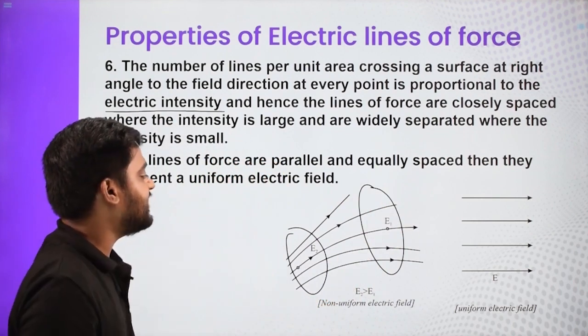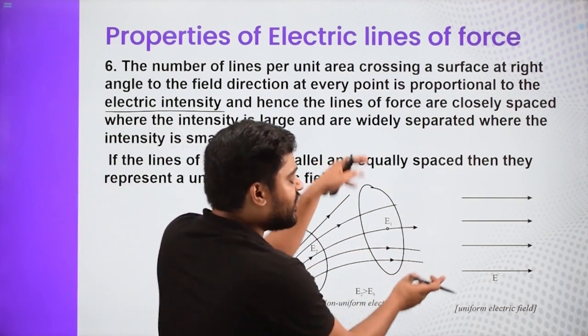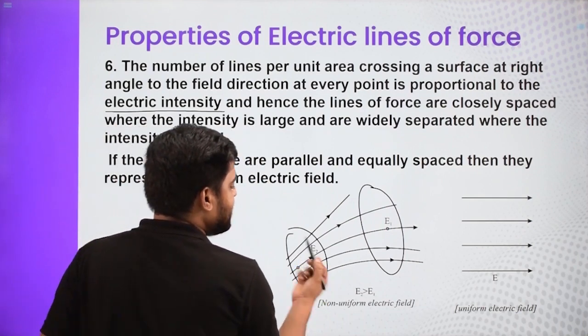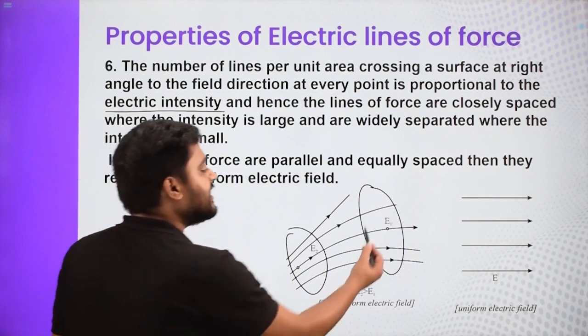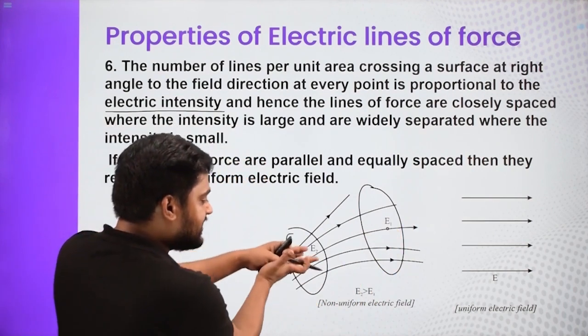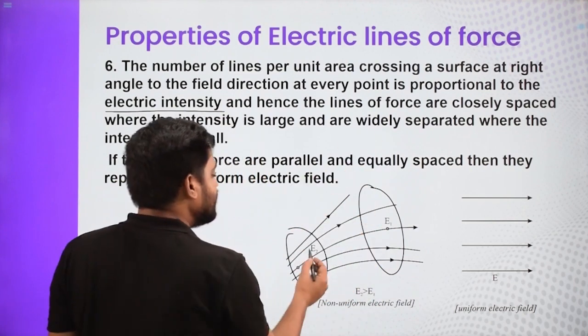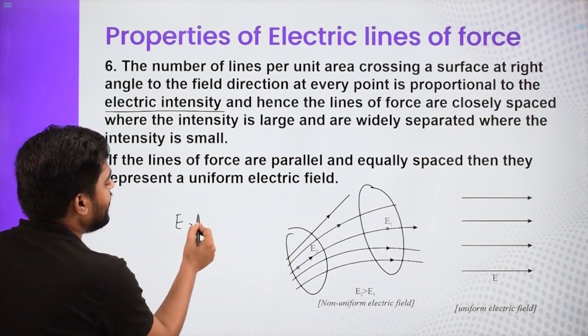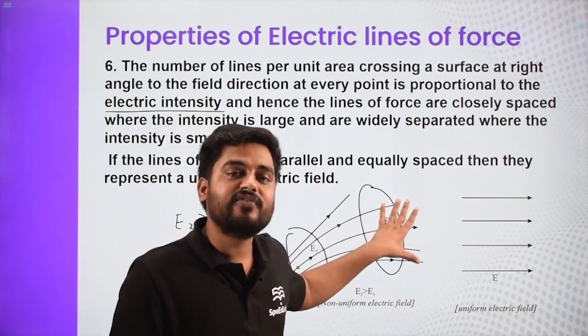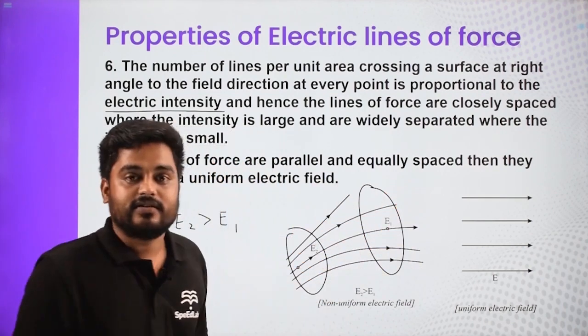So look at this case. Here the field lines are moving away from each other. If we talk about here, the average electric field I am saying is E2 in magnitude, and here the electric field is E1 in magnitude. Here they are closely spaced, here they are separated. So we can say E2 is greater than E1. So here the field has to be stronger and here the field has to be lesser or weaker.